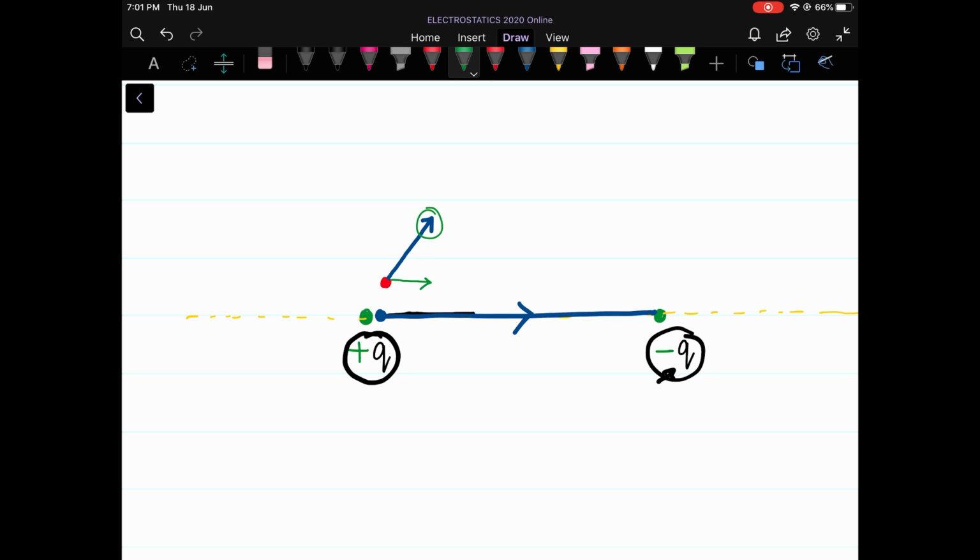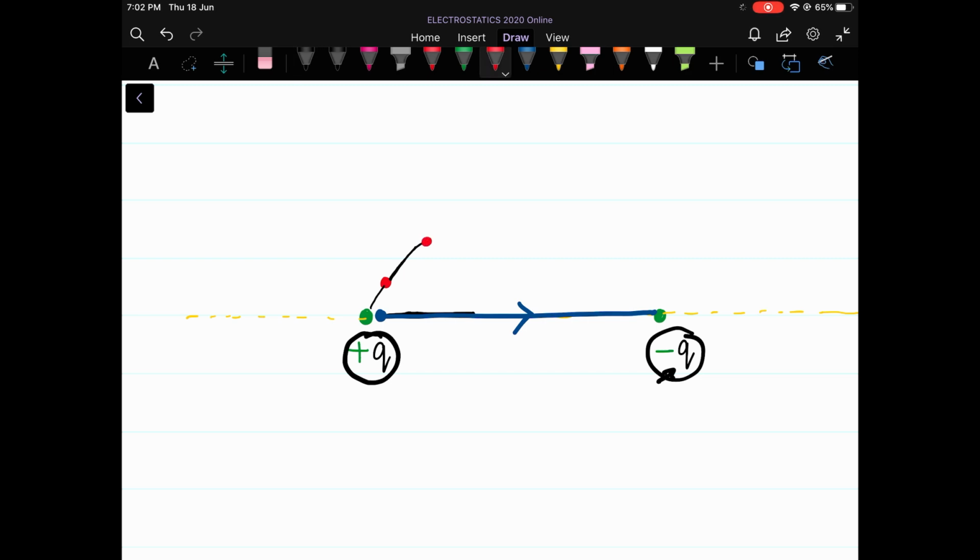So the repulsive force is becoming smaller and the attractive force is becoming slightly bigger. Because of these two forces acting on the test charge, it will now start moving somewhere in this direction. Earlier, if you remember, it was moving in this direction, but now you can see the path of this test charge is going to be bent. It's not going to be a straight line. So the test charge started from here, but it's going to take a curve now because it's going to move slightly towards the negative charge.